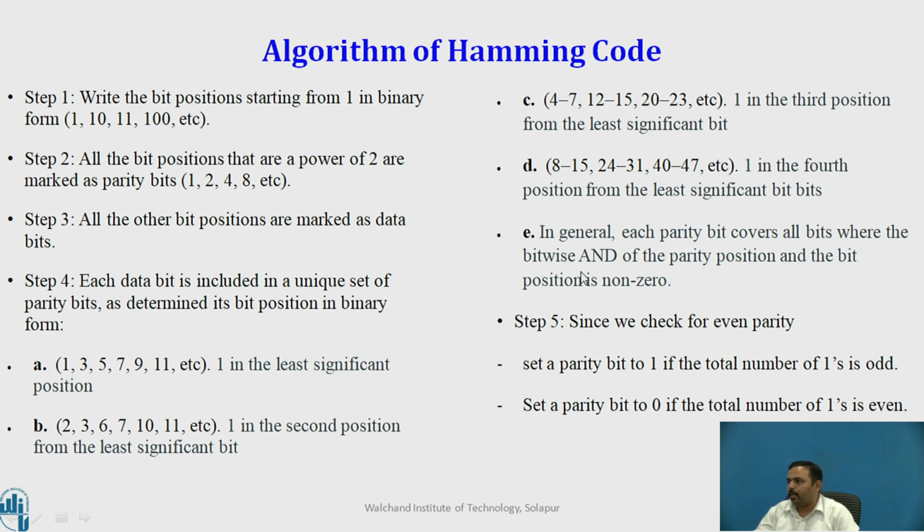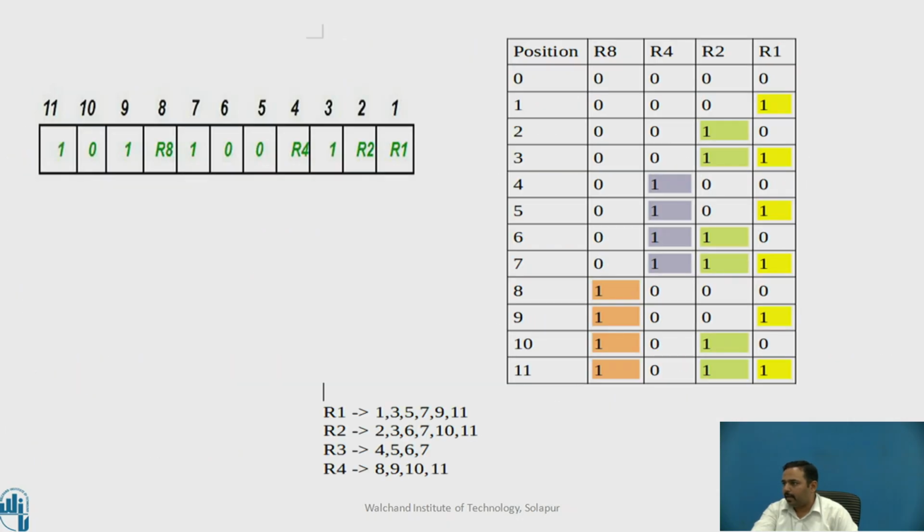Now moving forward, the algorithm of Hamming code. Here we have a number of steps. First step is to write the bit positions starting from 1 in binary form: 1, 2, 3, 4, 5, 6, 7.